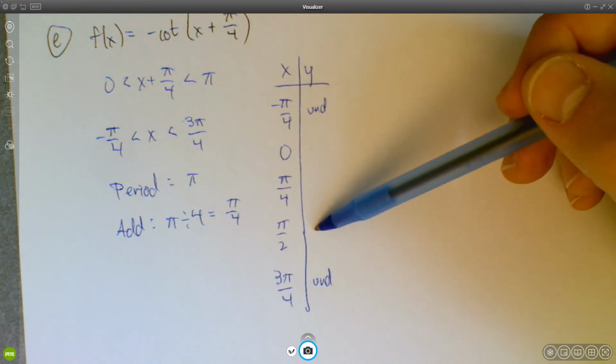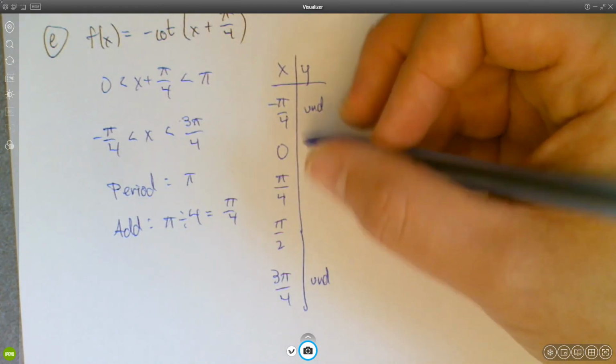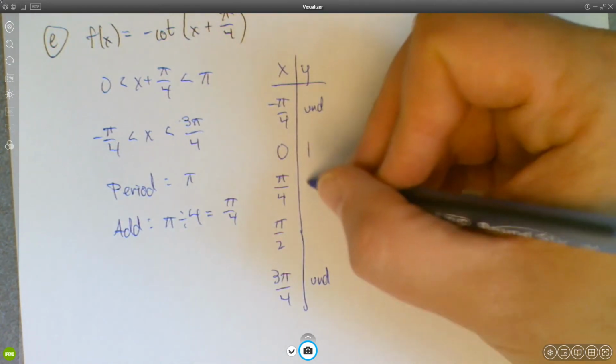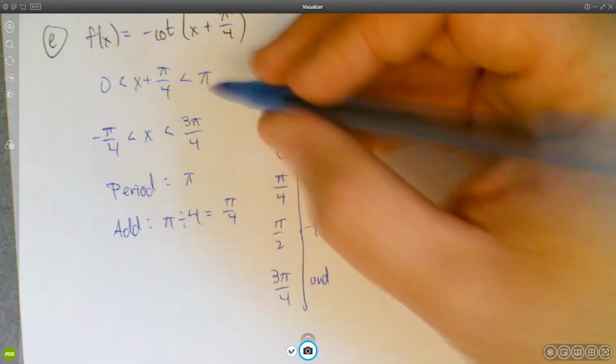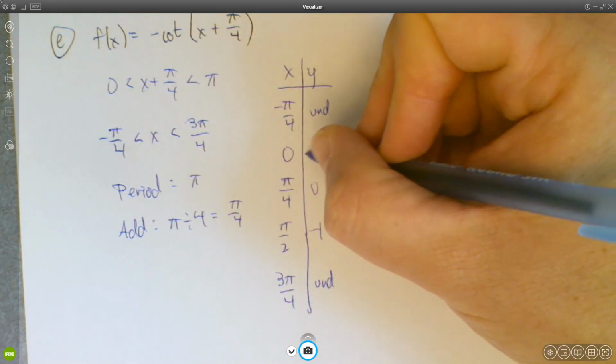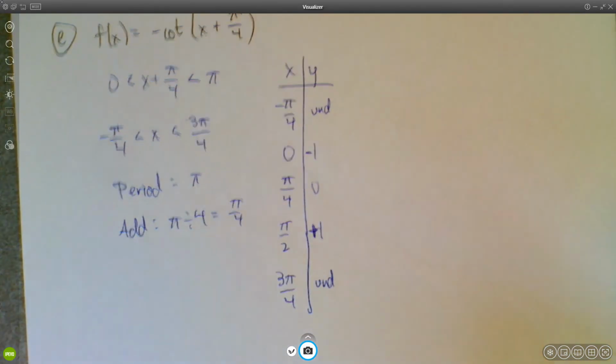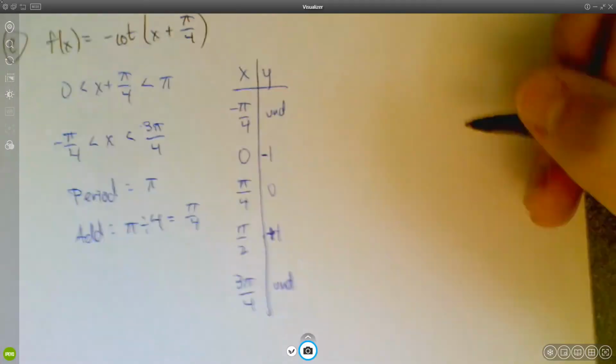But this is negative cotangent, so I'm going to flip the signs on all of those, right? But because I'm multiplying by a negative there, I'm going to actually have a negative 1 here and a positive 1 there. Okay, and that's all there is to that one.